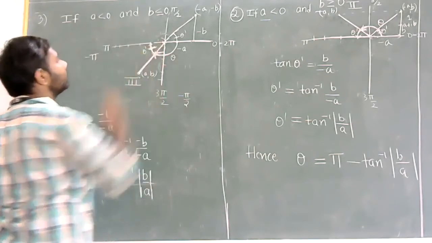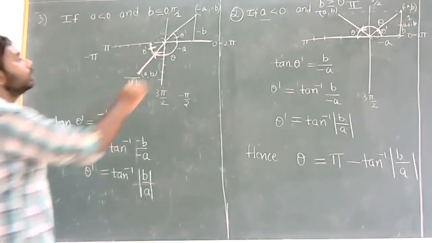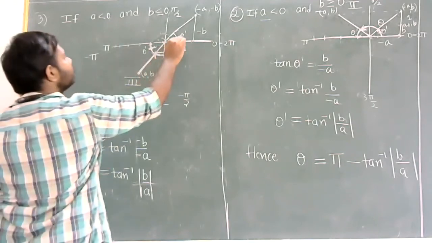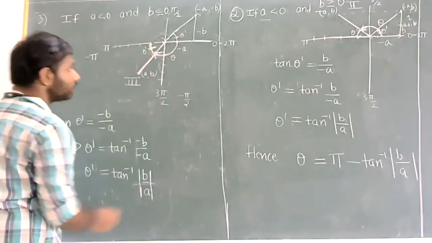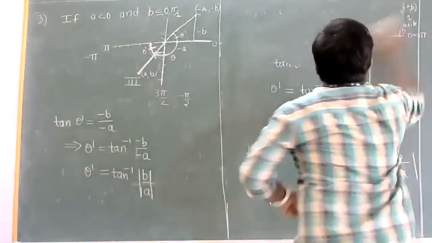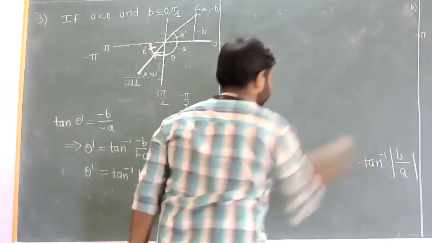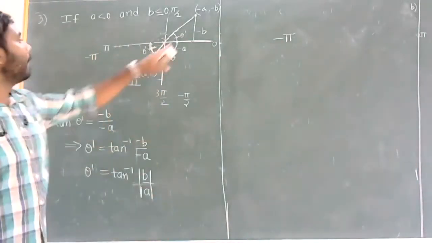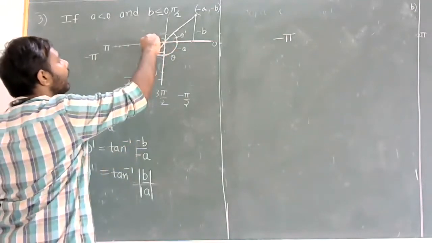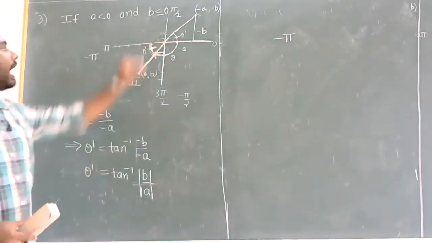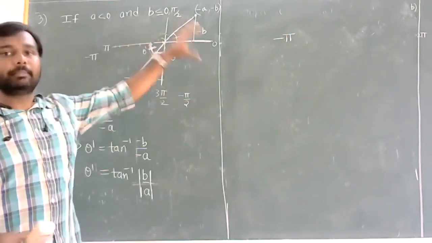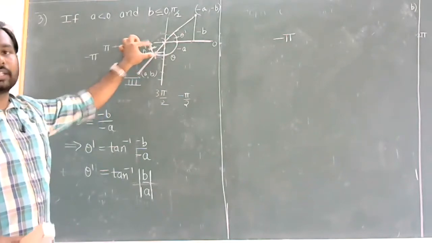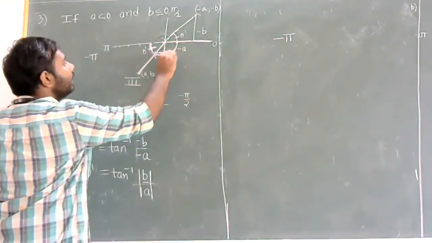That means this one. So I am measuring it in the clockwise direction. So this total angle is minus pi, and in that one I have to add this one. In the anti-clockwise direction we would remove it, but in the clockwise direction we have to add this one, because I need this angle.